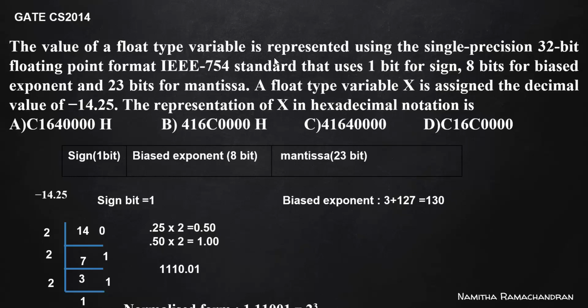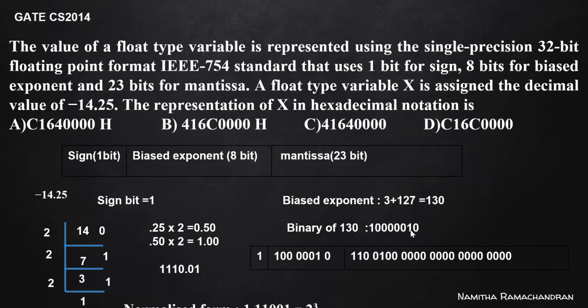From this normalized form, the actual exponent is 3. But here we need the biased exponent, so we add the bias value 127 to the actual exponent and get 130 as the biased exponent. Its binary equivalent is this.